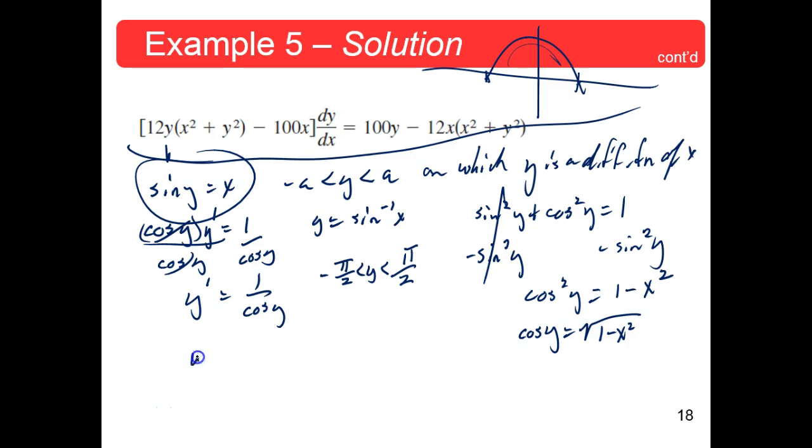So now what we have is y prime is equal to 1 over the square root of 1 minus x squared, okay? Now again, to me, this isn't answering the question that they asked. We found the interval on which y is a differentiable function of x.